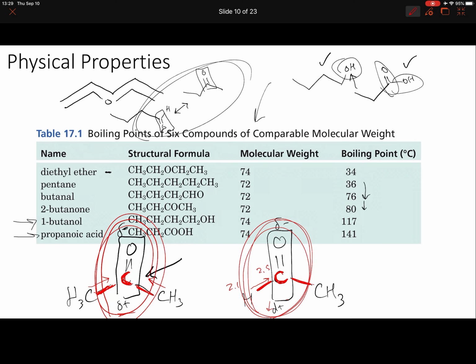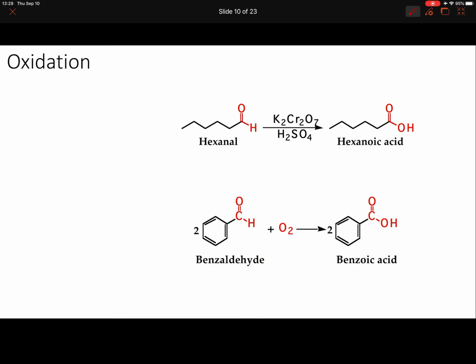Now that's going to create a slight polarity here as well, but we see a difference in the boiling points just due to that carbonyl carbon. The aldehyde carbonyl is not as polar, and so it doesn't have as high a boiling point or a melting point as a ketone does.